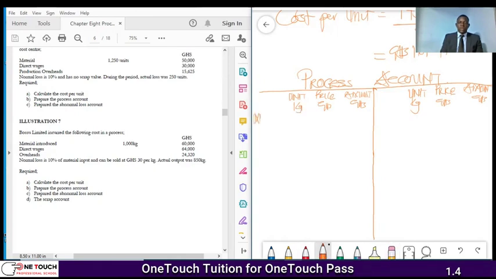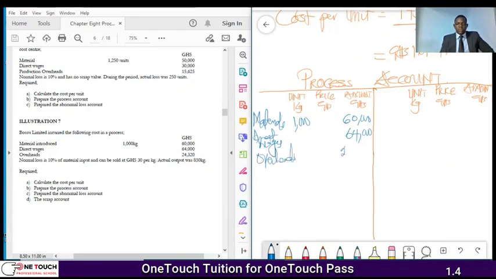So we have materials. Our materials is 1,000 at a cost of 60. We have direct wages of 64,000. We have overhead costs of 24,320.